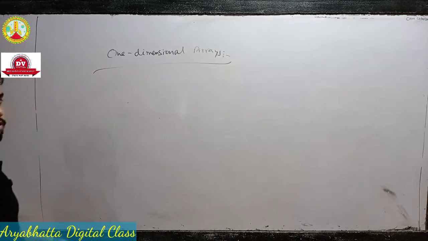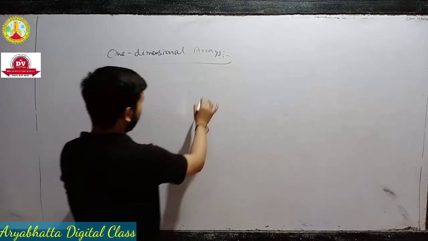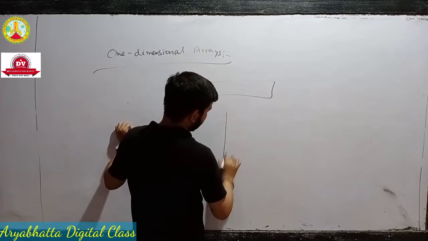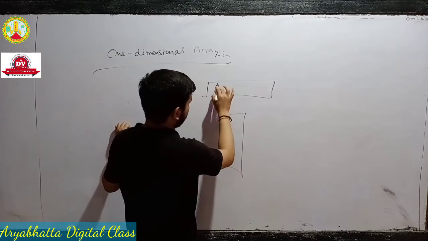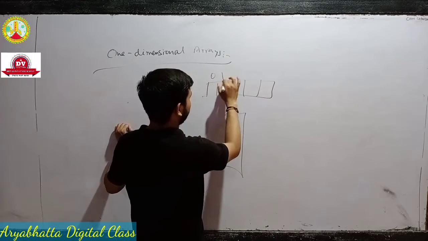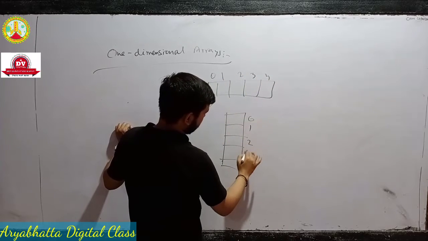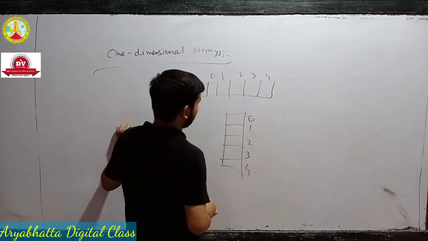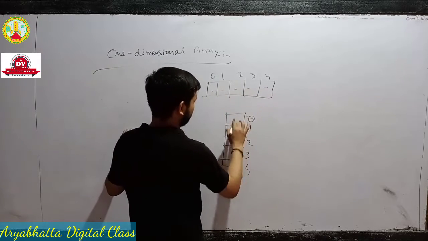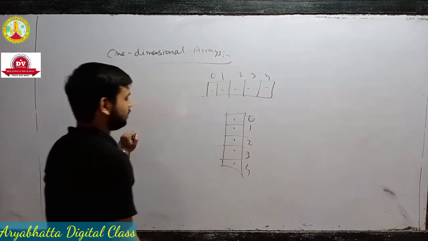One dimensional array means what? Either it is row wise or column wise. This is called the index, suppose, and this is the data element, right?